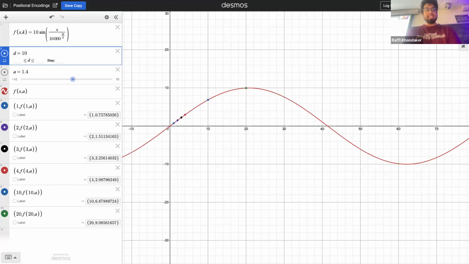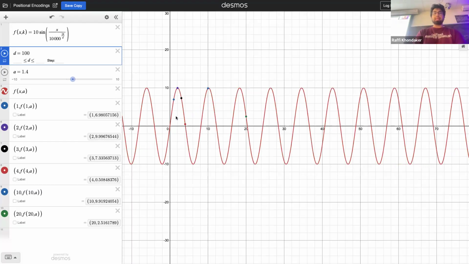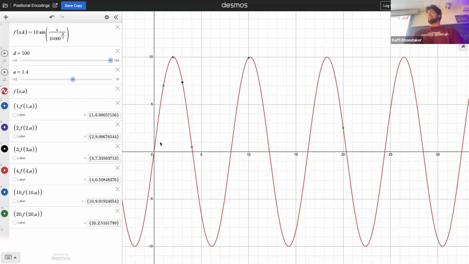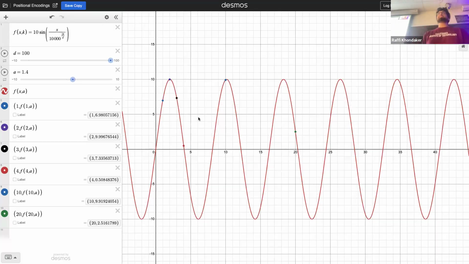And so what this does is that in later dimensions, later indexes of our array, the distance between close by points is exaggerated.